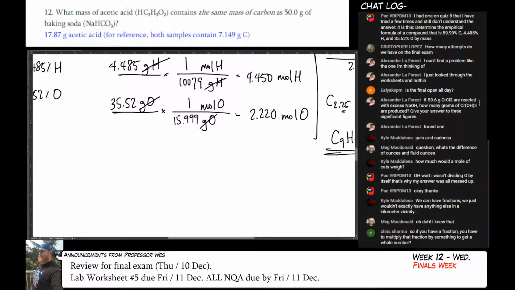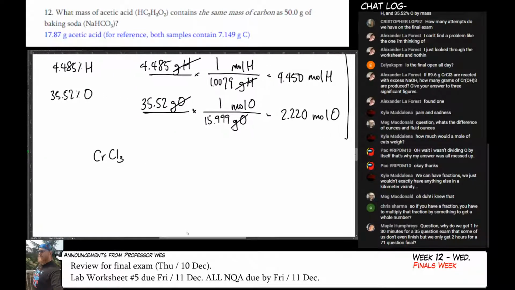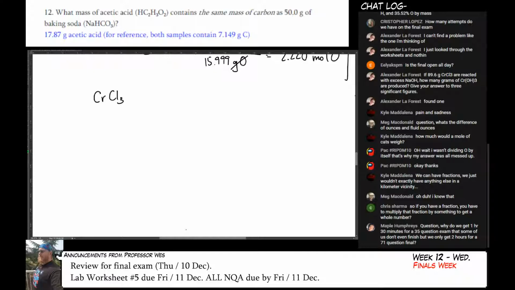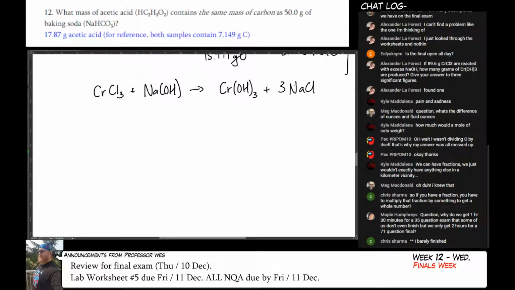So where am I? Okay, so 89.6 grams of CrCl3. So let me write out the reaction here. I need more space, though. Actually, that'll probably be okay. So excess sodium hydroxide. So I'm going to guess that this is what happens. What am I missing here? I'm missing this.